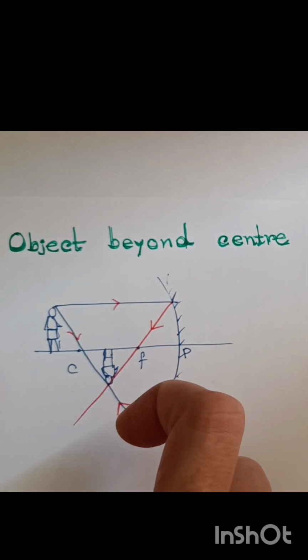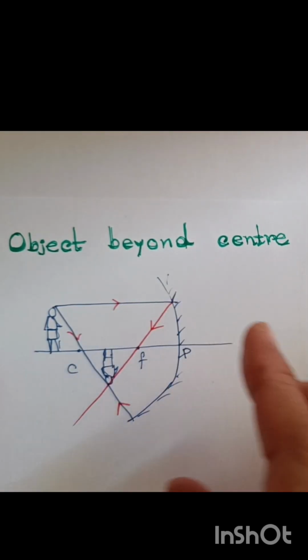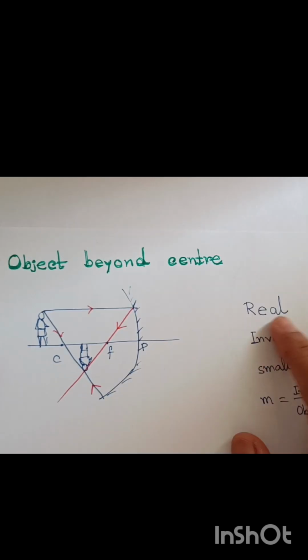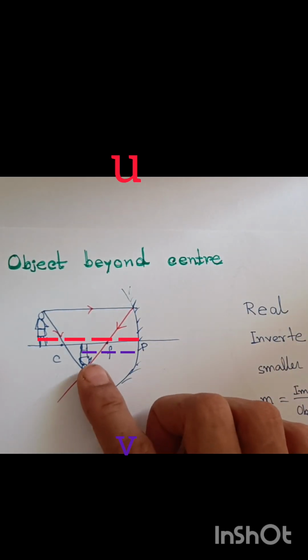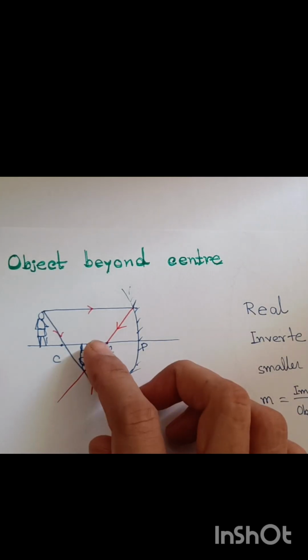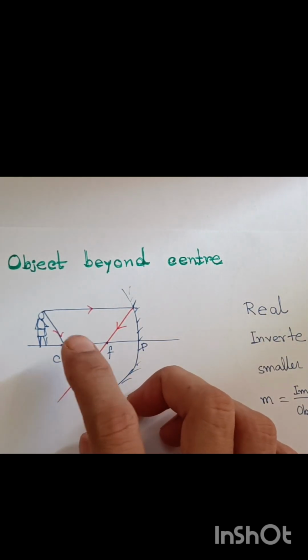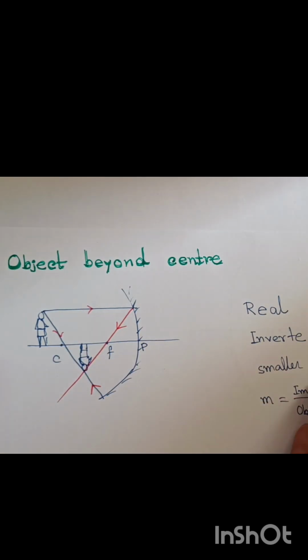It is inverted because it is forming under the principal axis, and smaller because the image distance, between C and F to the pole, is smaller, that is the numerator, and the object distance, beyond C to the pole, is larger. So m is smaller.